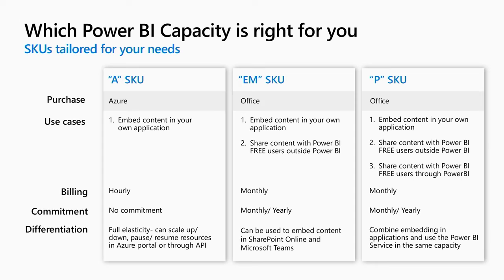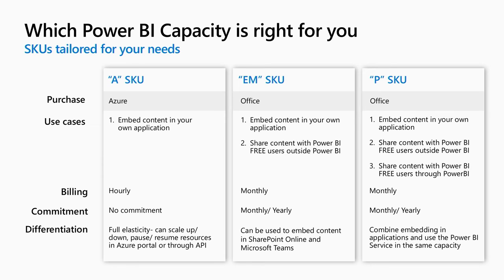The main differences between them are, first of all, where you purchase them. A SKUs are Azure-based, and EM and P SKUs are Office-based. Also, a big difference is the billing method. When you purchase A SKUs, you pay by the hour, and with EM and P SKUs, you pay a monthly fee. Same for commitments: with A SKUs, you have no commitments. You can pause your capacities at any second and stop paying for them, while with EM and P SKUs, you pay by the month or by the year.